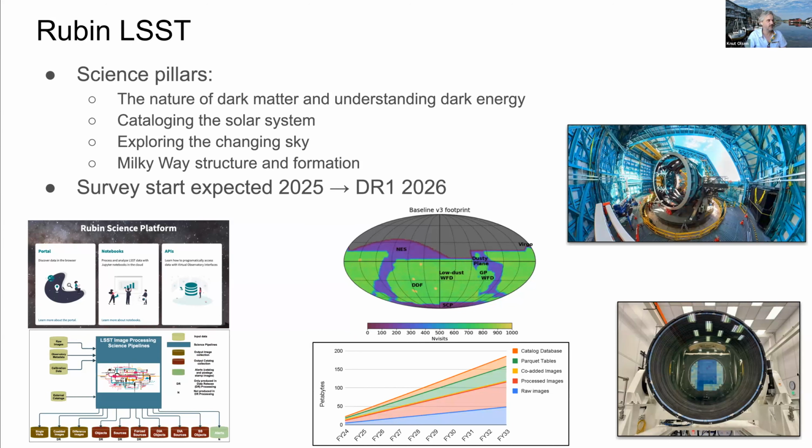All of these data will be served through the cloud on the Rubin Science Platform, bringing the compute close to the data. The survey is expected to start in 2025, lining up nicely with the launch of Roman, and we expect the first data release, of the first 6 months of data, in 2026.